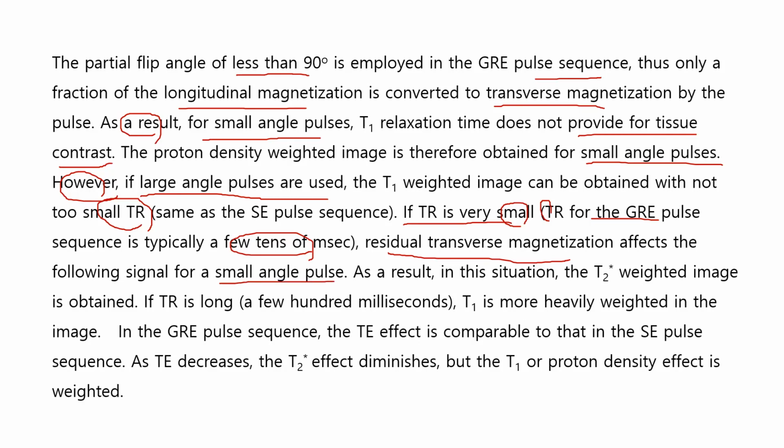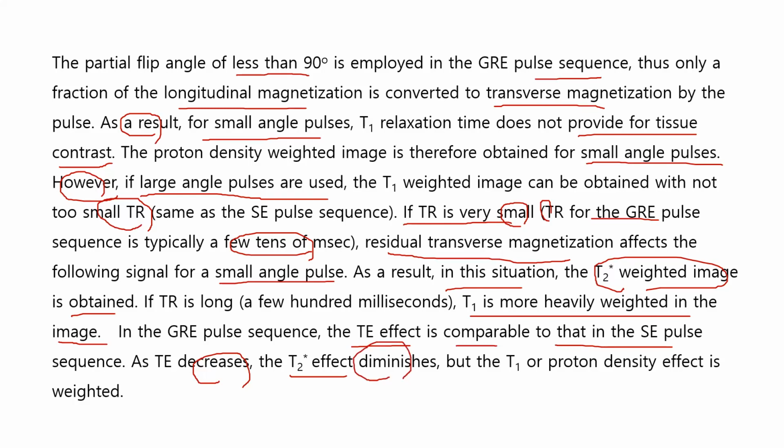As a result, in this situation, a T2 star weighted image is obtained. If TR is long, a few hundred milliseconds, T1 is more heavily weighted in the image. Okay? In the GRE pulse sequence, the TE effect is comparable to that in the spin echo pulse sequence. As TE decreases, the T2 star effect diminishes, but the T1 or proton density effect is weighted.